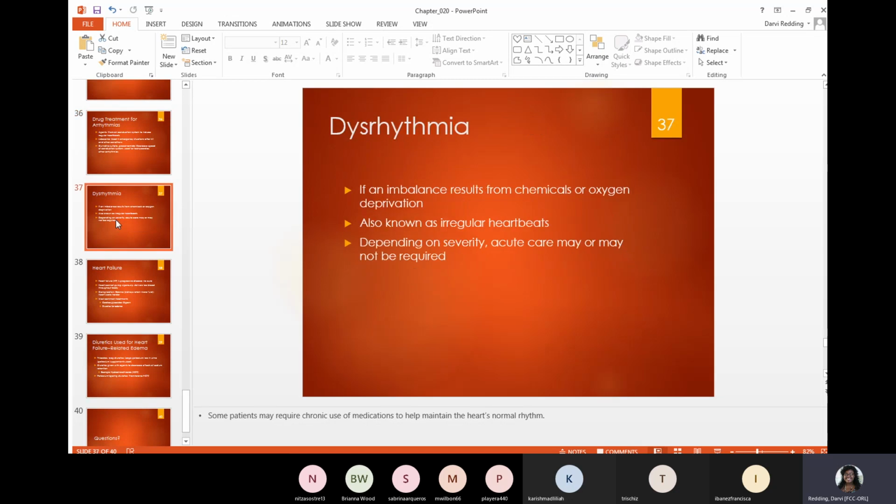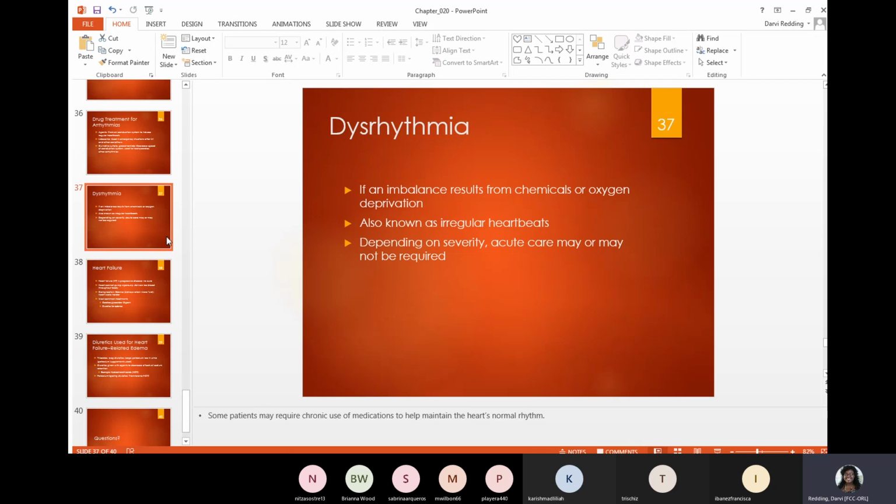Now with dysrhythmias, if there is an imbalance that results from chemicals or oxygen deprivation, a dysrhythmia, also known as an irregular heartbeat, can occur. Treatment also depends on the severity, whether it's something that's going to happen once, like an acute care situation, or it might not even be required, depending on the severity.